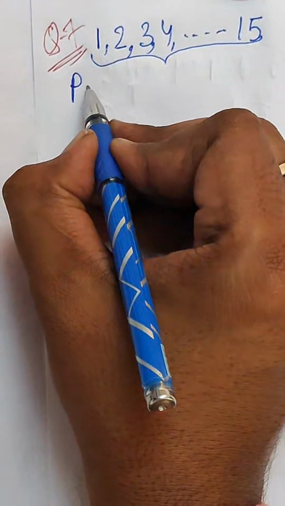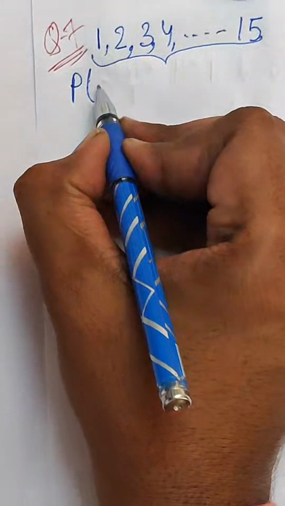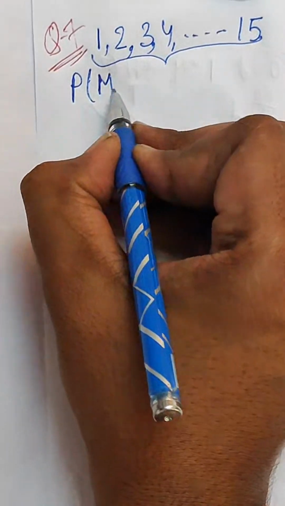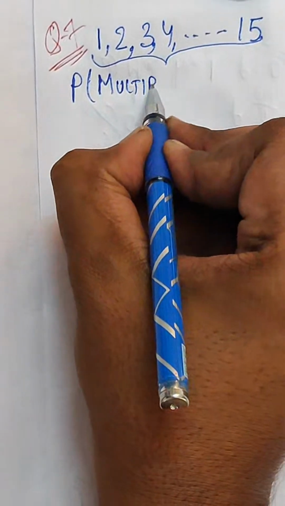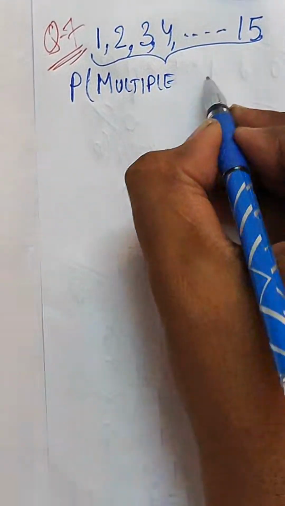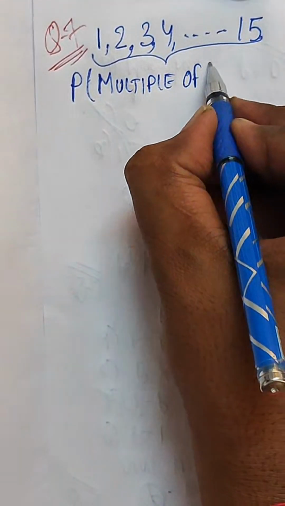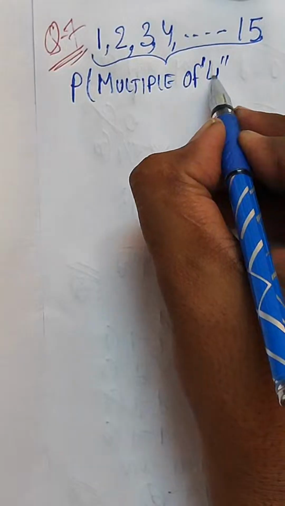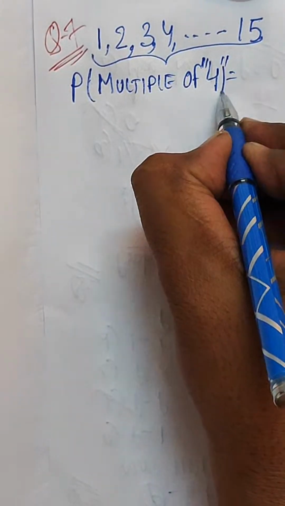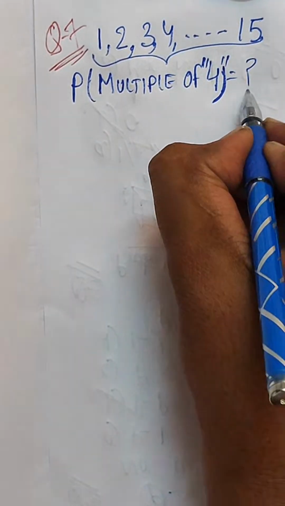The question is: the probability of a number being a multiple of 4 is what, right?